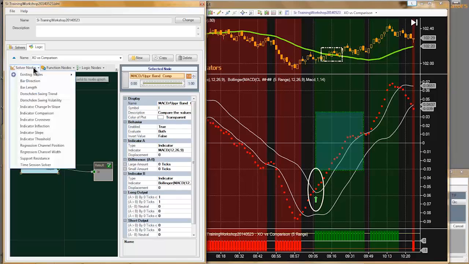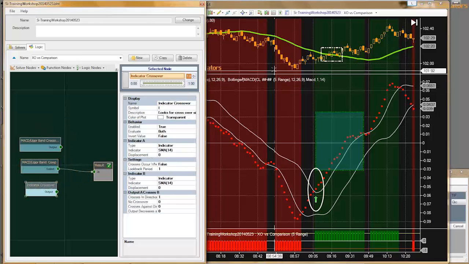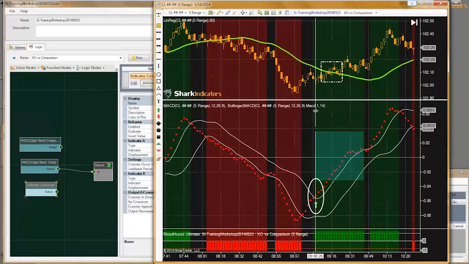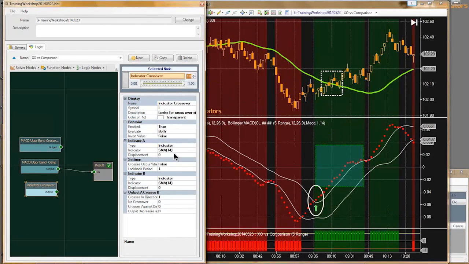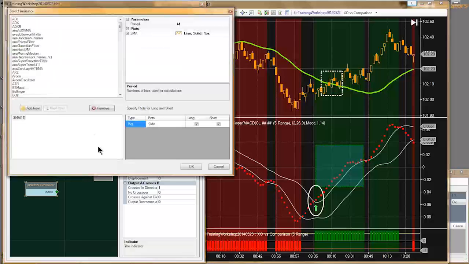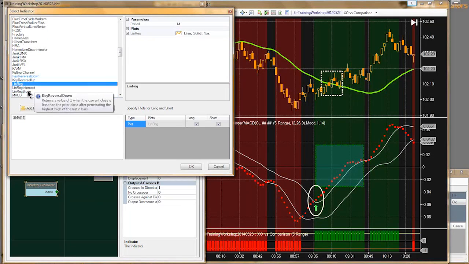And next, let's add our second condition. Right, so we're looking for price to cross over this linear regression that we have up here on the chart. So I'll set indicator A to the closing price, and I'll set indicator B to our linear regression 80 period.